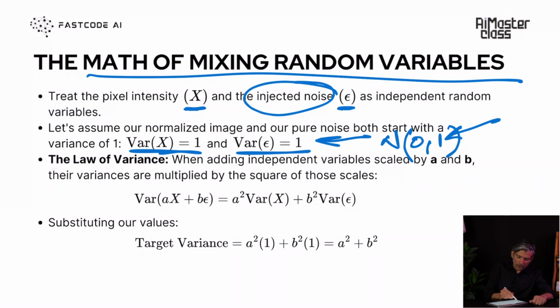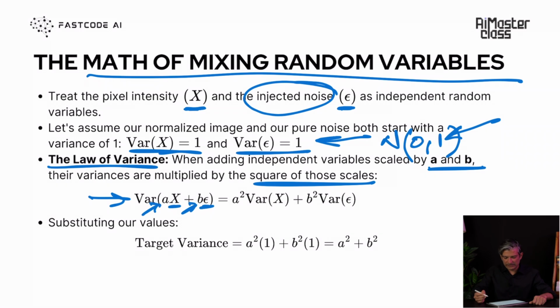The law of variance says that when adding independent random variables scaled by a and b, their variances must be multiplied by the square of those scales. Meaning, if we have two random variables x and epsilon, and two scalars a and b, then the variance of ax plus b epsilon is a squared times variance of x plus b squared times variance of epsilon.